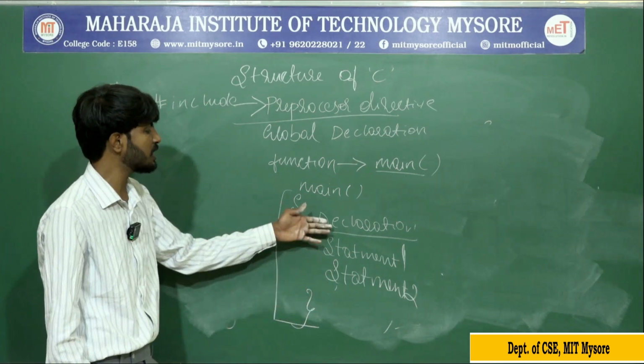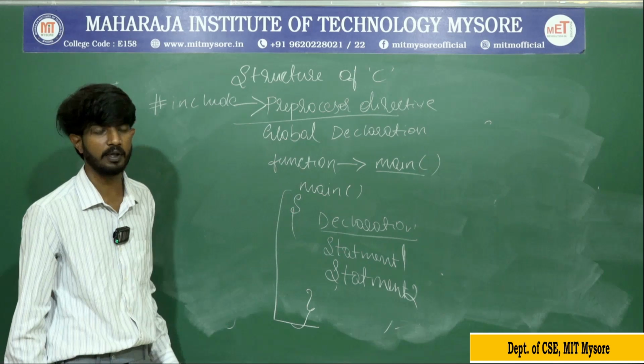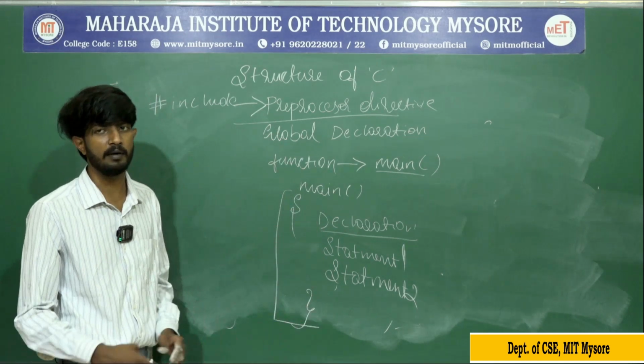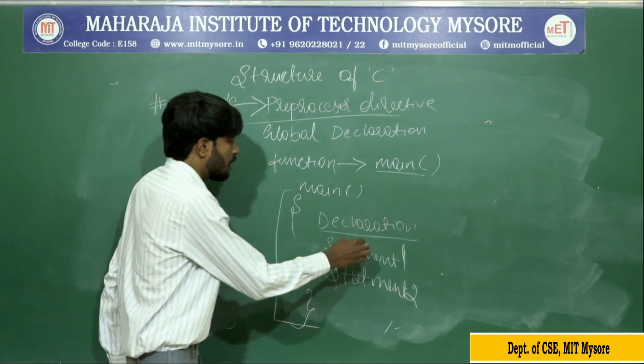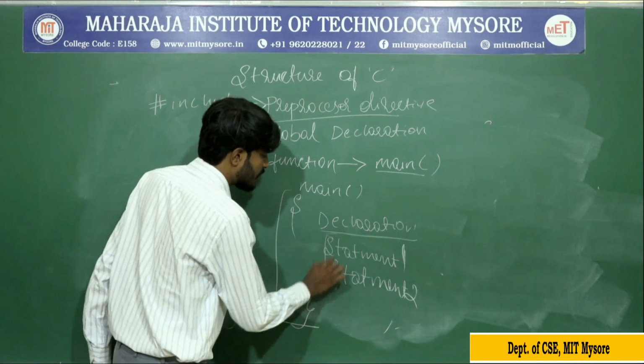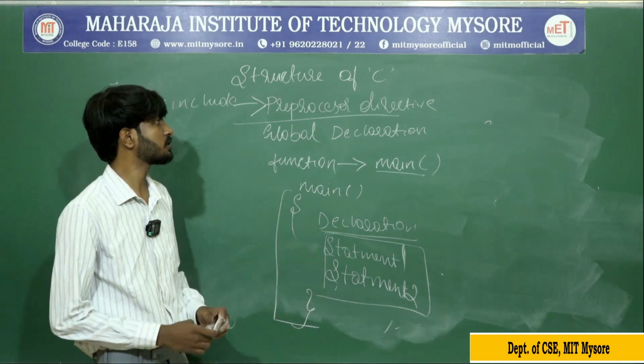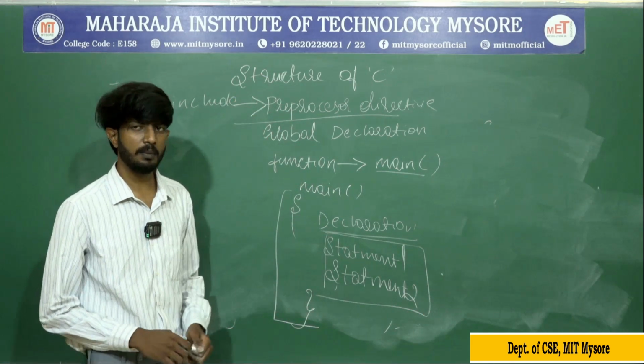You cannot use them outside the main function. You can use global variables inside and outside the main function. Then comes the logic of the program. So this is the structure of a C program.